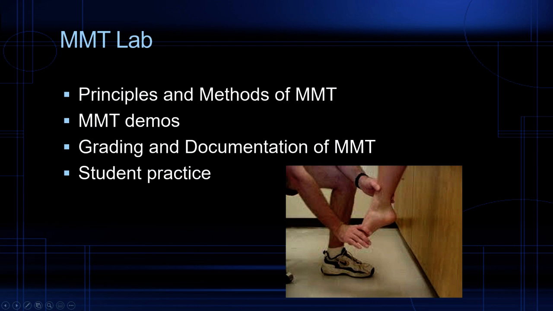You have a manual muscle testing assignment, much like your goniometry assignment, so you're going to be presenting a manual muscle test to your classmates in lab. We'll go over how to accurately grade and document manual muscle testing, and there will be lots and lots of time for you to practice.